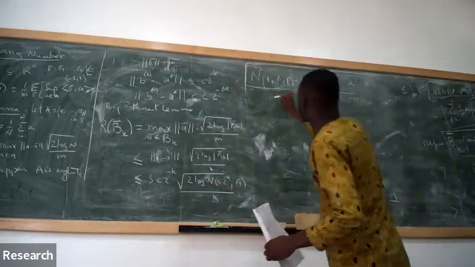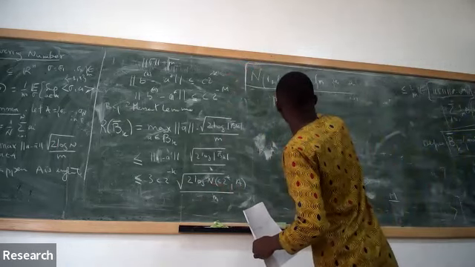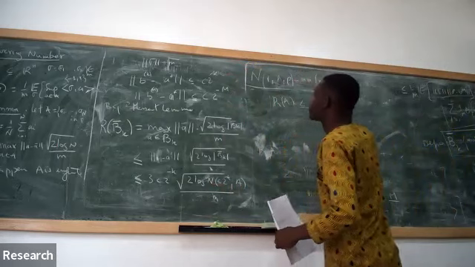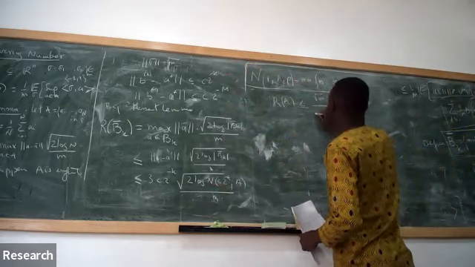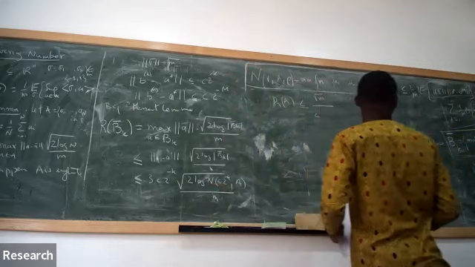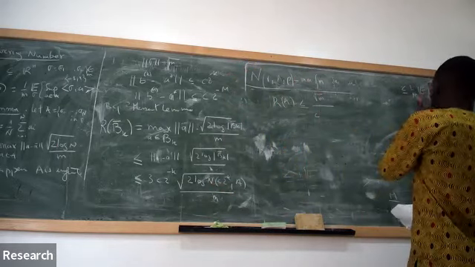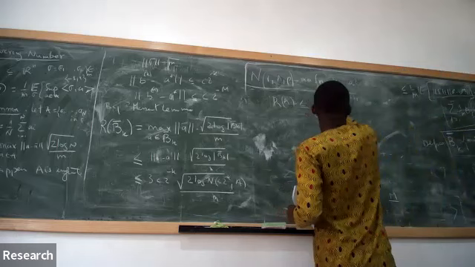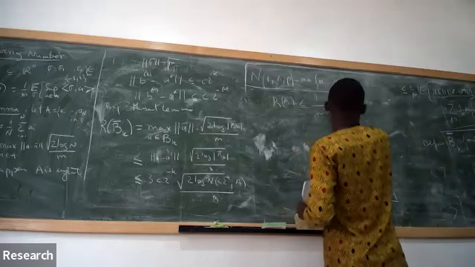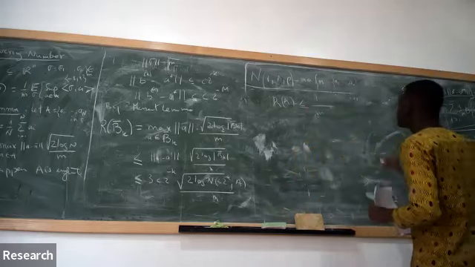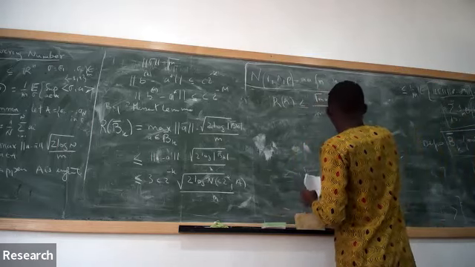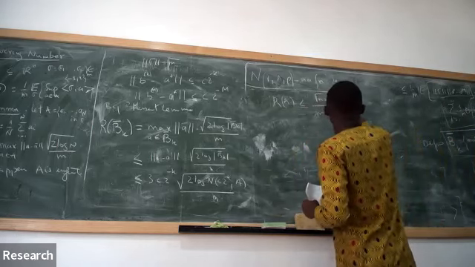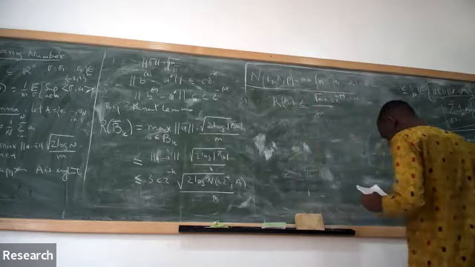Again, the Rademacher complexity is less than or equal to square root of m divided by c, which is 1 over m multiplied by square root of m multiplied by c to the power minus m.